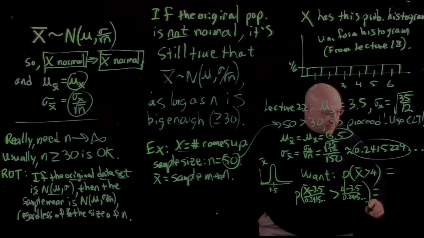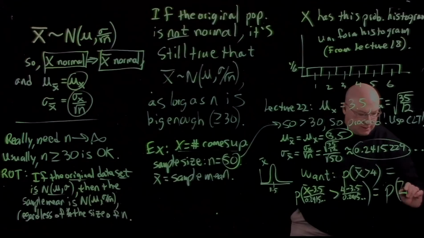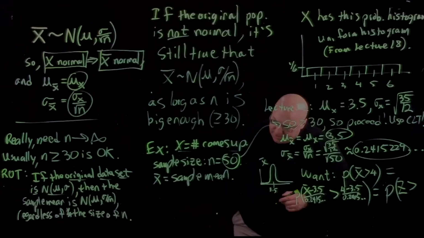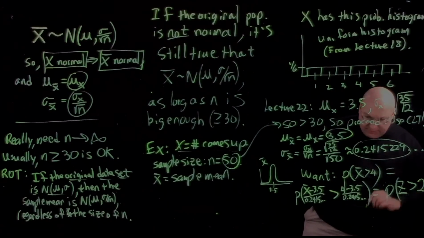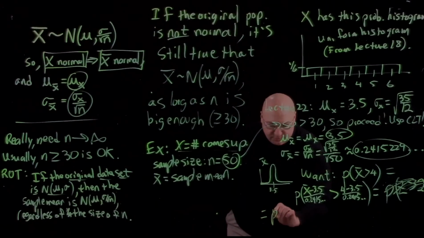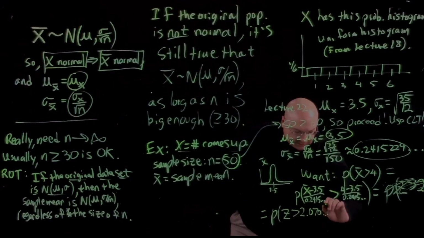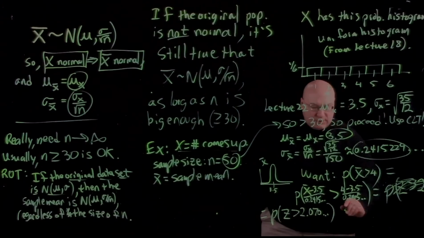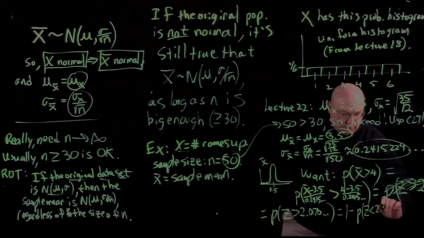Okay, so we get the probability that z is greater than about 2.070. Equals the probability that z is greater than 2.070, and that goes on. But I don't need to go any farther because I can only go out to the hundredths when I look things up. So of course I'll get 1 minus the probability that z is less than 2.07.